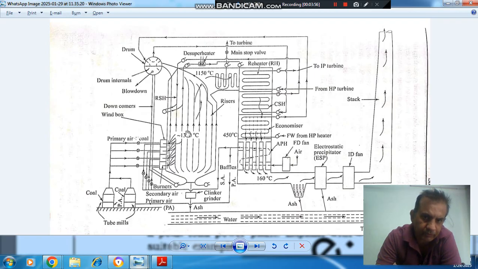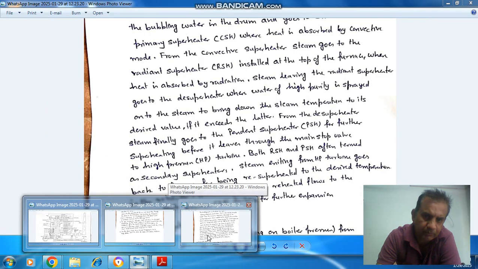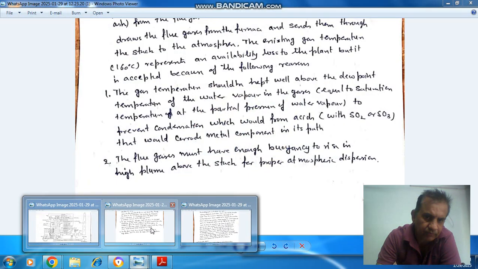The gas is formed here, at a temperature of 1300, and these gases go to the radiant superheater, then to the reheater, then to the convective superheater, then to the economizer, then to the air preheater, and finally to the electrostatic precipitator and ID fan, to the atmosphere through the stack. So this is the path of primary and secondary air, and this also explains how the balanced draft is created.